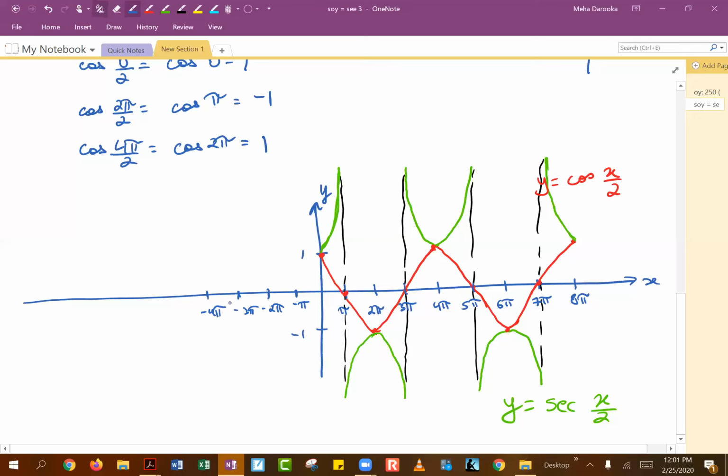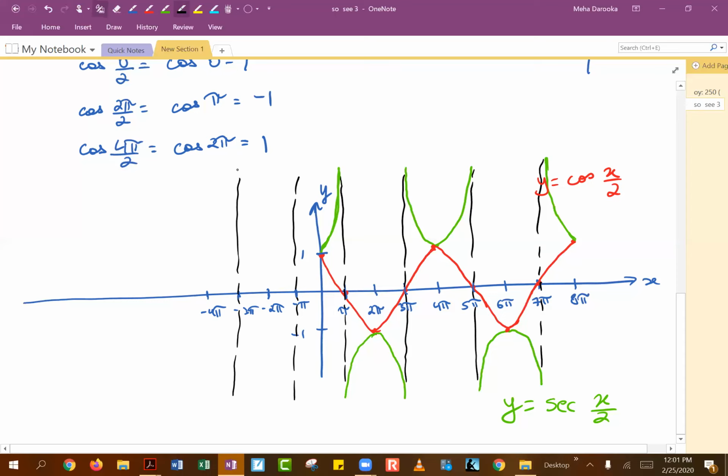All right, so if I have an asymptote at pi, where would my asymptote be on the left-hand side? Yeah, you will be at -pi. And then the next one? -3 pi, very good.